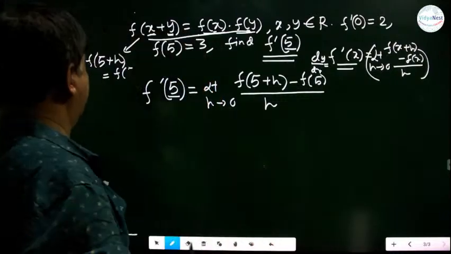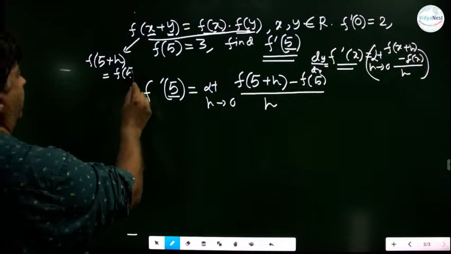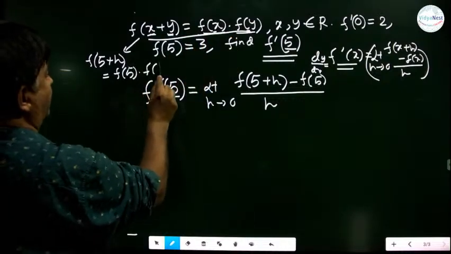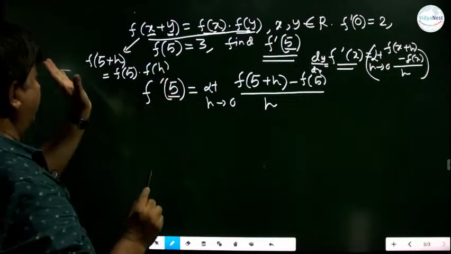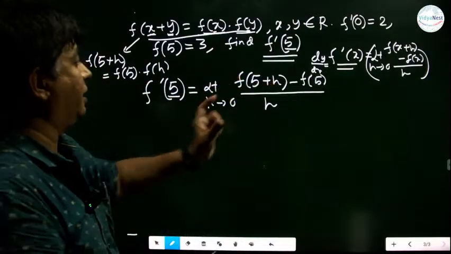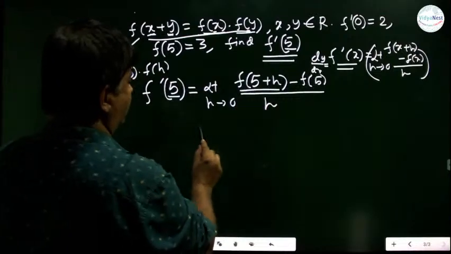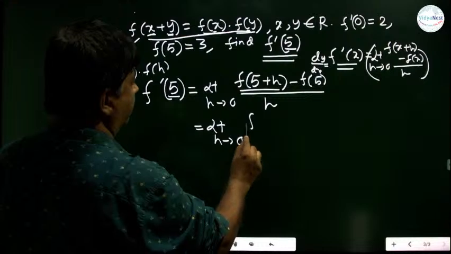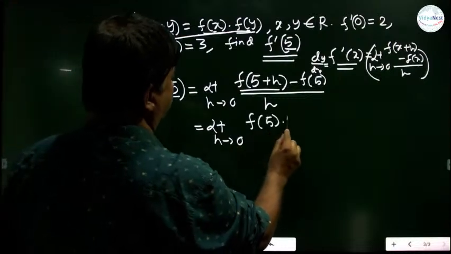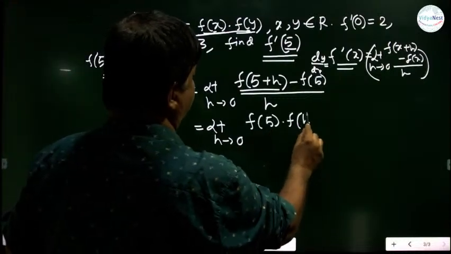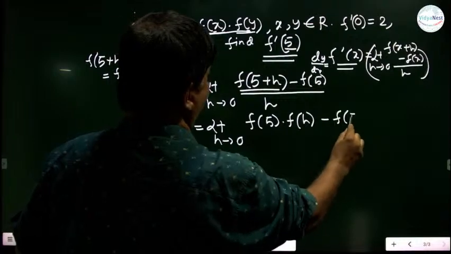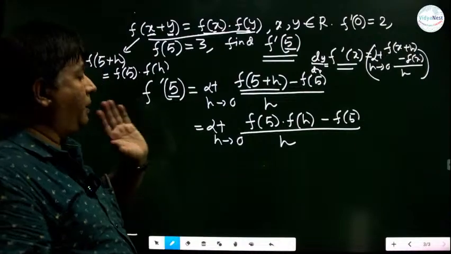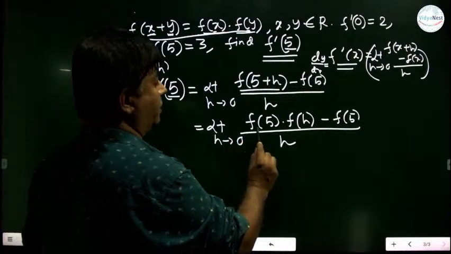F(5) into f(h). So that expansion will be used here: limit of f(5 plus h), f(5) into f(h), minus f(5), by h.